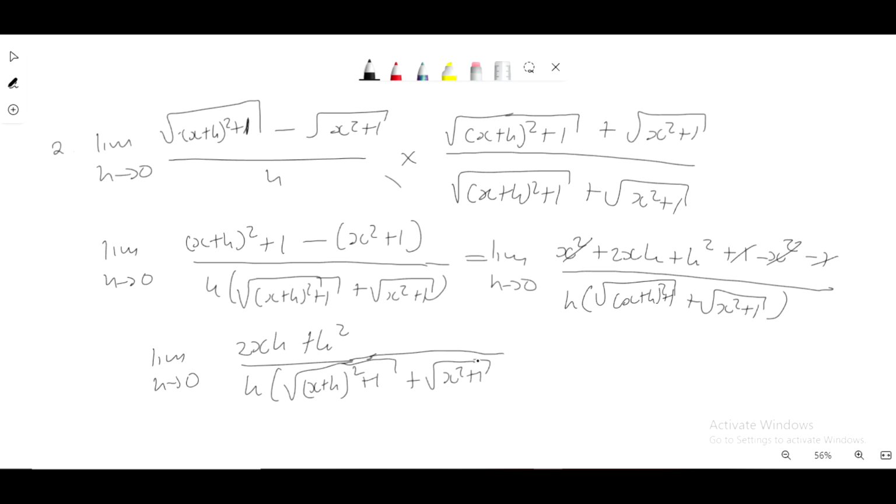Alright, guys, so now as you can see, we have an h here and an h in here, so this h is going to cancel. I'm going to have 2x plus h at the top. So now that problem of me having h at the bottom is solved.